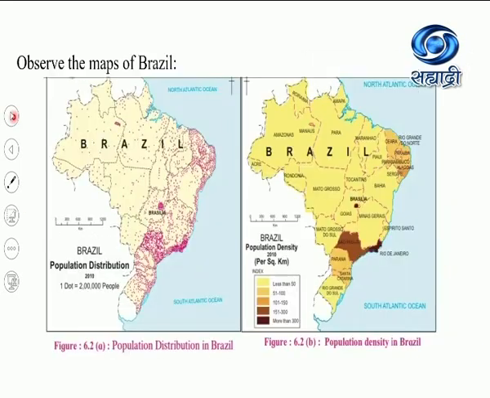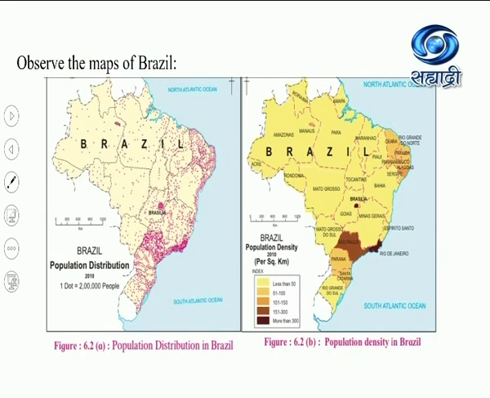Now coming to Brazil, the same way, this map shows the population distribution with the help of dots, thus it's a dot map. This map shows population density with the help of different colors, a color scheme, so thus it's a choropleth map.